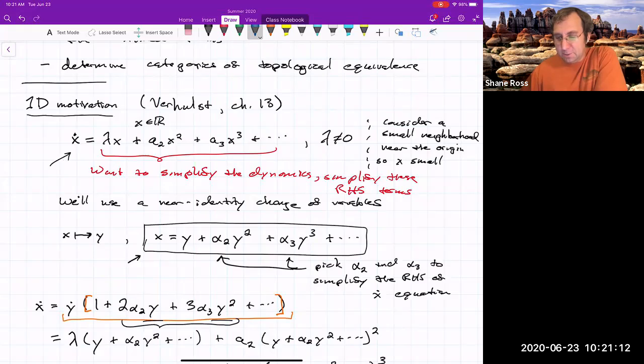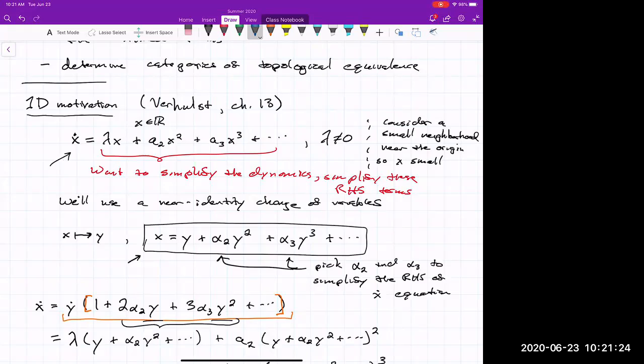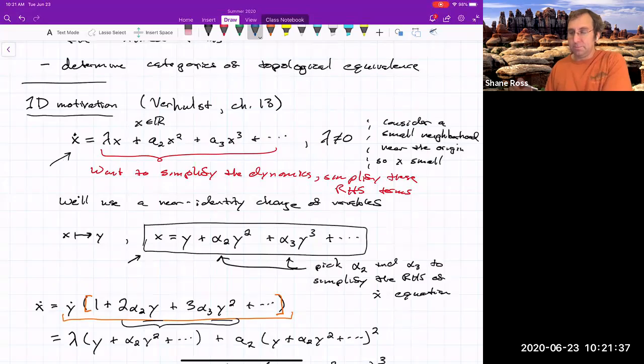Since the origin is an equilibrium point, then in the neighborhood of the origin, you can always write the right-hand side as a polynomial. I see. So you're basically taking a Taylor expansion or something equivalent of the function at the equilibrium point, regardless of whether or not that function originally had a polynomial form. That's right.